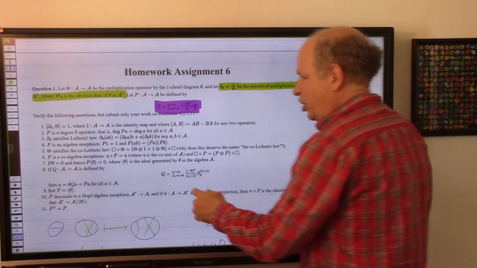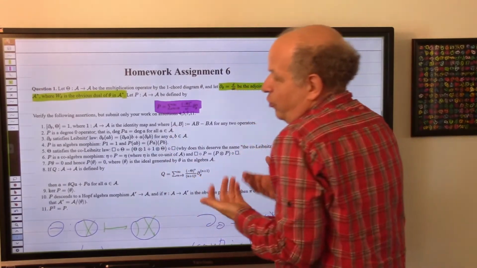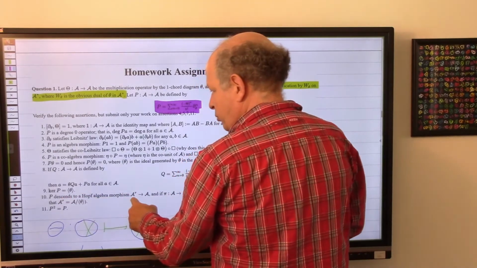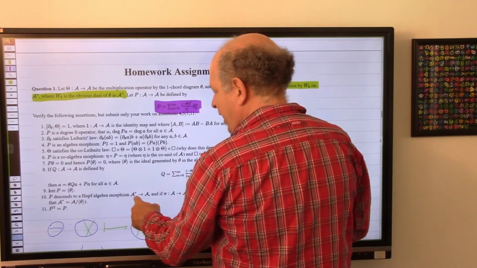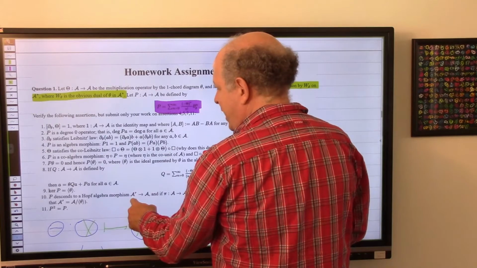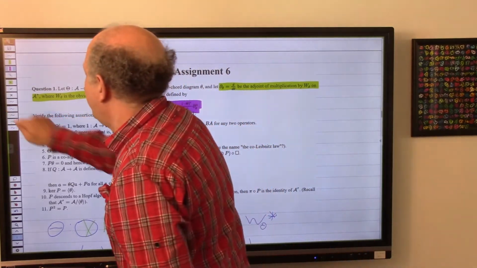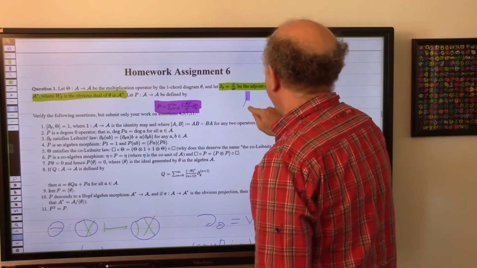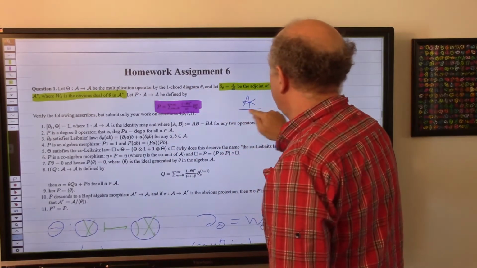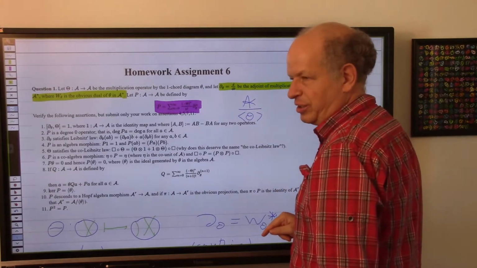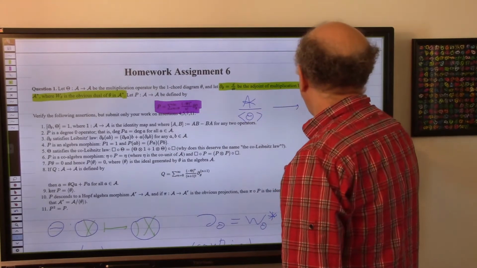First of all, what is it supposed to do? P is supposed to be the Hopf algebra morphism from A reduced to A, so the map from A modulo the ideal generated by theta, this is A reduced, into A.